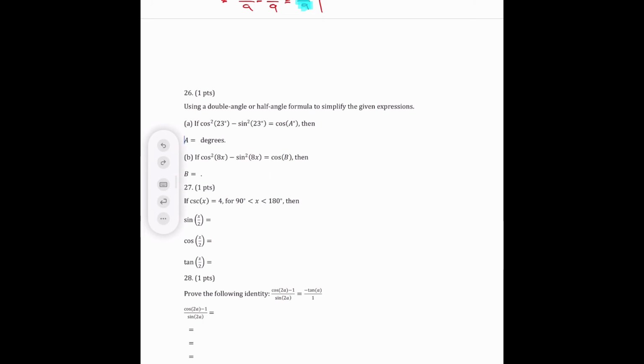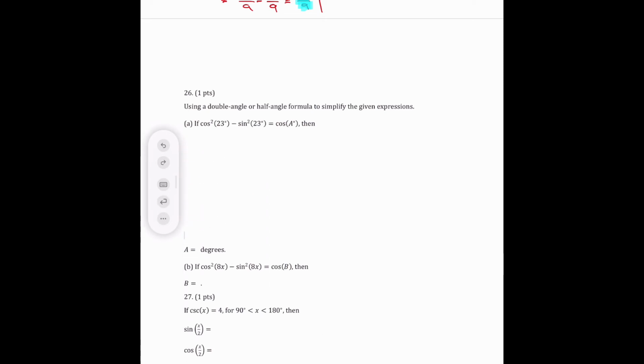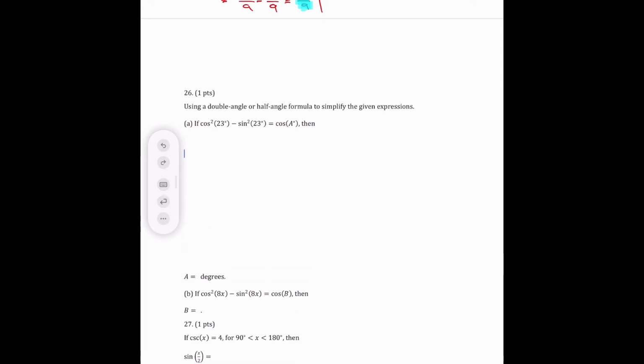Question number 26. I have two ways of solving question number 26. The first way is to notice that cosine square minus sine square is the double angle formula. We know that cosine 2x is equal to cosine square x minus sine square x.